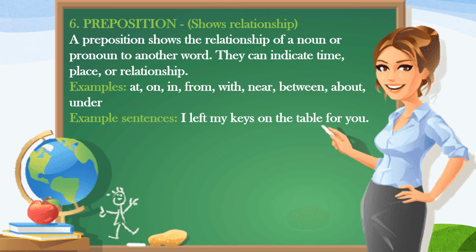For example, the noun keys has a relation with the word table. The keys are on the table. The keys are for you. So for is a preposition and it shows the relation between keys and the word you.